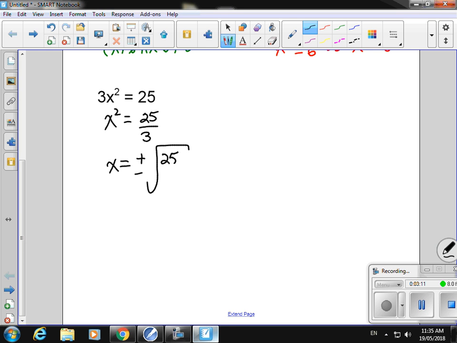The positive square root of 25 thirds or the negative square root of 25 thirds. Which if I were graphing this thing, I would be tempted to use my calculator and just find it as an approximate decimal. So the positive one would be approximately 2.9, and the other root, or x-intercept, or solution, would be approximately negative 2.9.